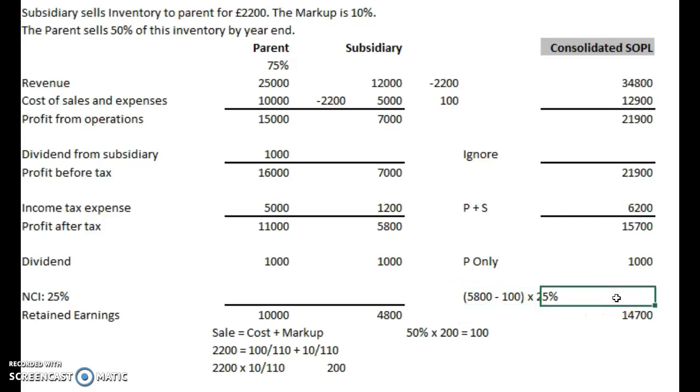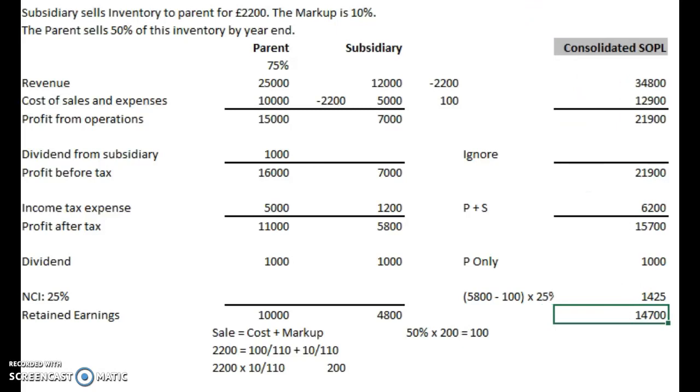And then that will give us a calculation exactly the same. We're going to reduce the profit we've made by this unrealized profit amount, and then multiply it by 25%. Comes to 14.25. Let's just expand that slightly. 25%.